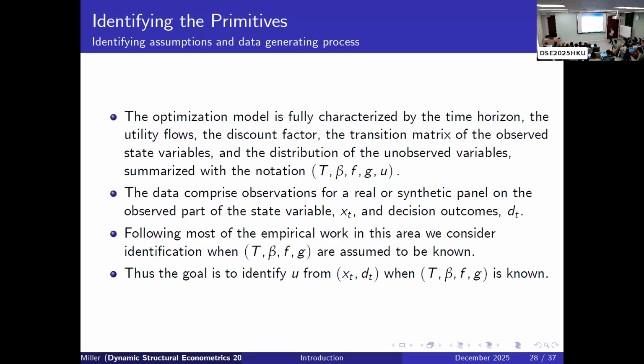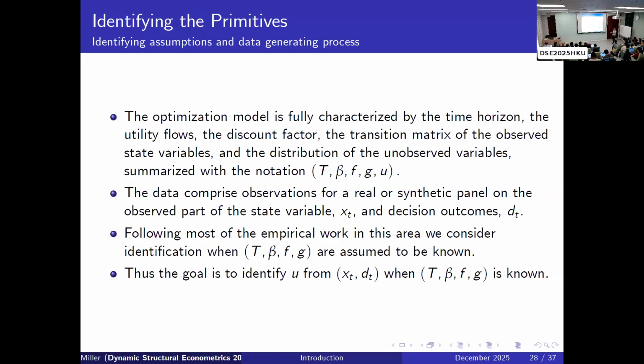So the goal is to estimate U, and this is typically how 95% of these models go. We're trying to get out the U preferences from decisions that people make and state variables they have, when this stuff has been already estimated from outside the model.